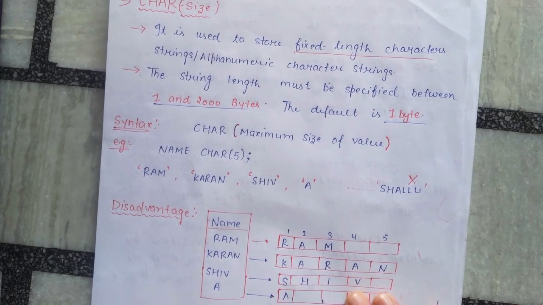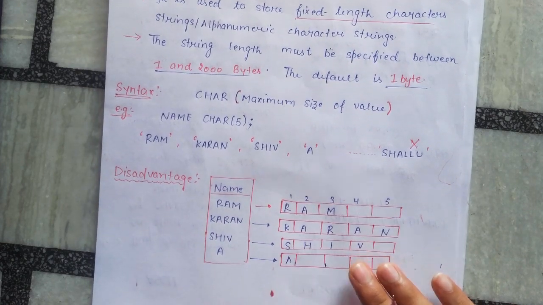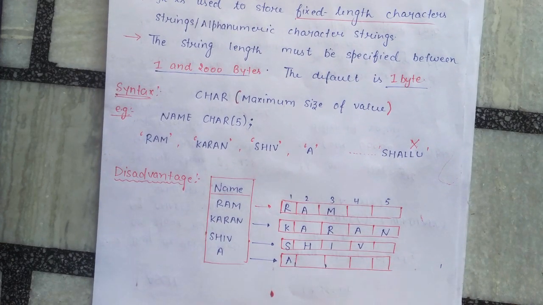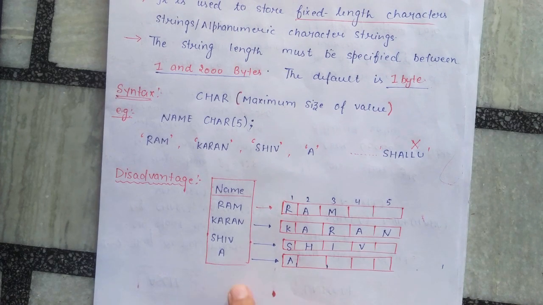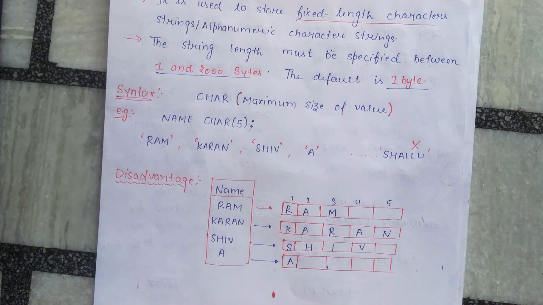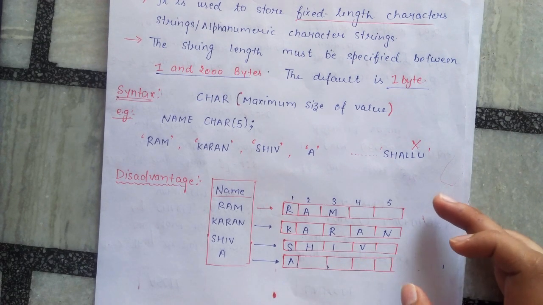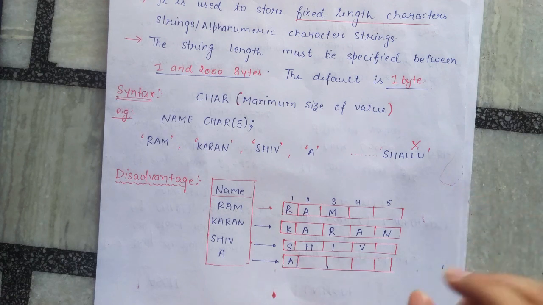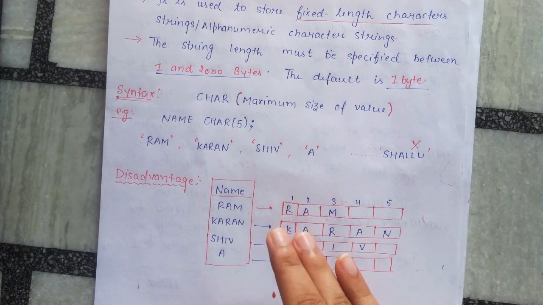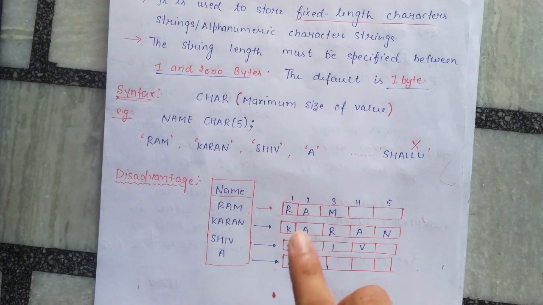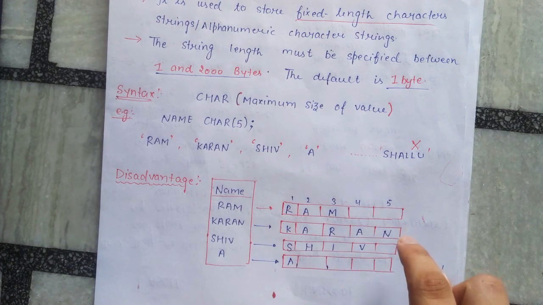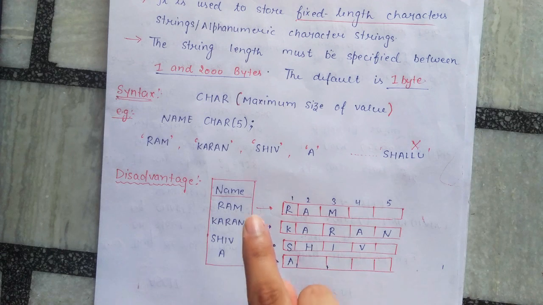Now there is one disadvantage of using this character data type. What is the disadvantage? See, I have entered 4 values here: Ram, Karan, Shiv and A. As we know, we have declared the maximum size of this char data type as 5, and as I told you, it is used to store fixed length characters. So every value that we enter in this char column will take 5 bytes in memory.